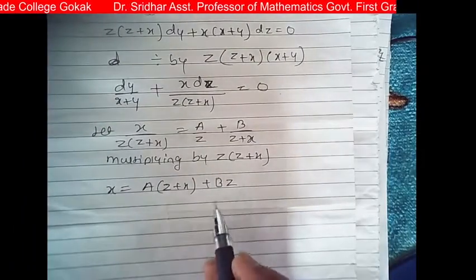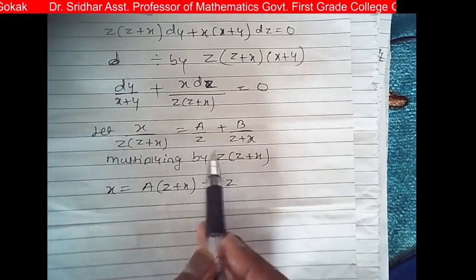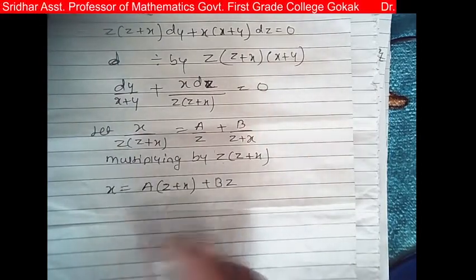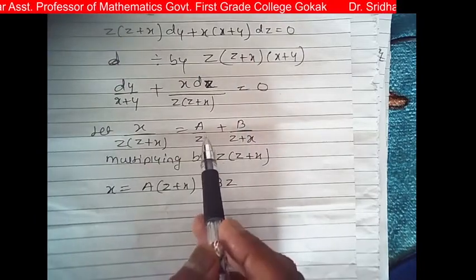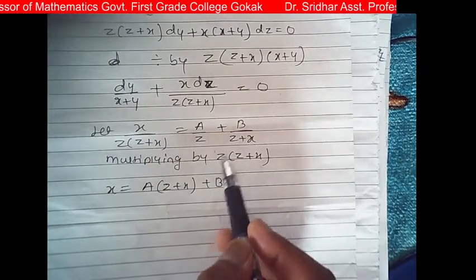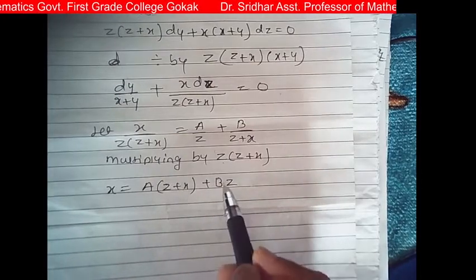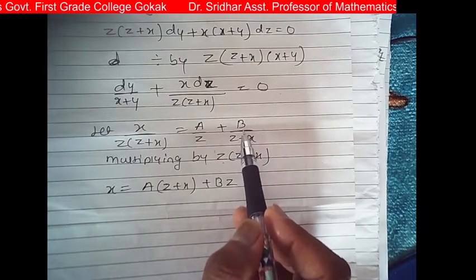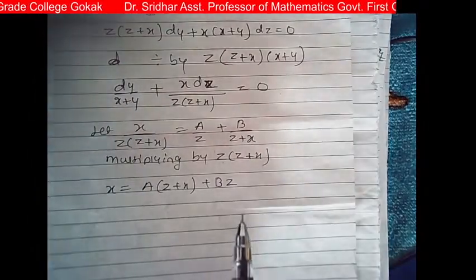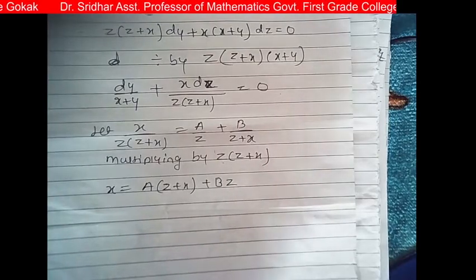Okay, by applying partial fraction method, multiplying both the sides by z into (z plus x). So when you multiply this term with z into (z plus x), then z into (z plus x) get cancelled and only x remains. Whereas in this case, when this is multiplied with z into (z plus x), then this z and this z get cancelled and only z plus x remains. But for the second term, when this is multiplied with this term, then this z plus x get cancelled and only z remains, so that is b into z.